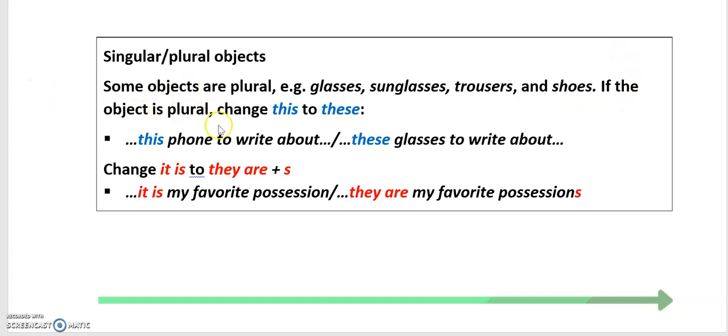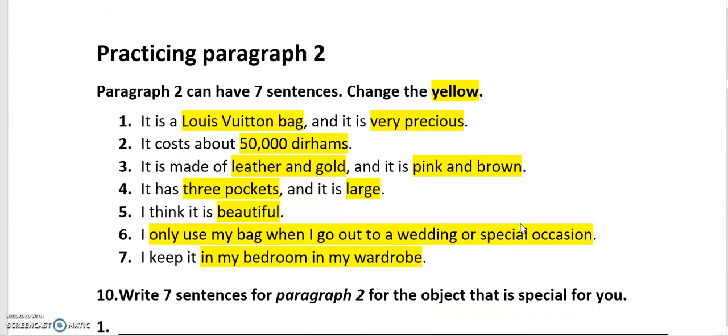If the object is plural, change this to these. This phone, these glasses. And we change it is to they are. It is my favorite thing. They are my favorite things. It is my favorite possession. They are my favorite possessions. You can switch possession and thing.